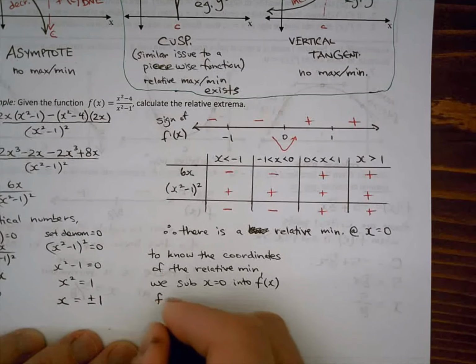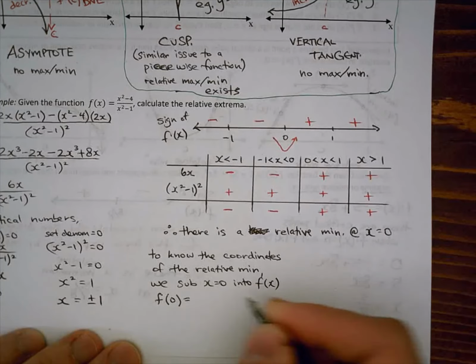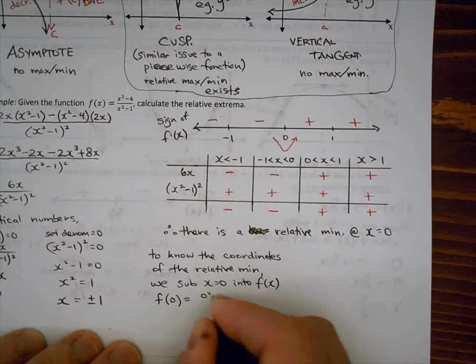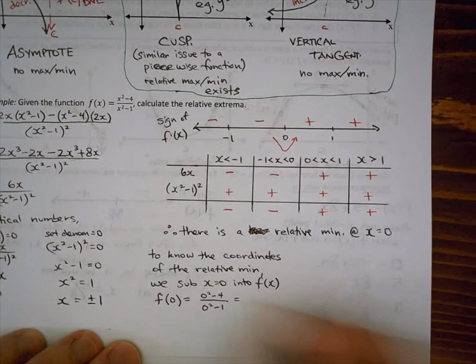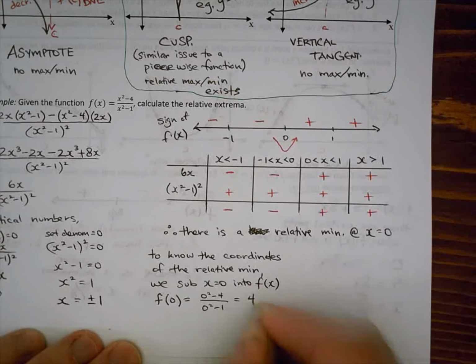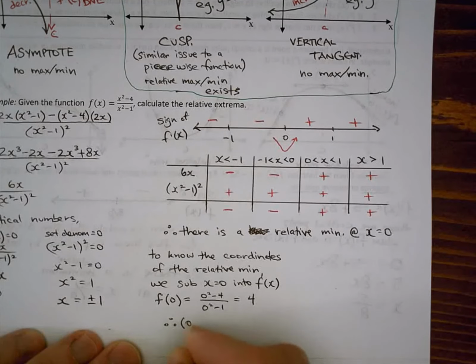So I can just do that quickly here. f of 0 is going to be 0 squared minus 4 over 0 squared minus 1. So that gives me negative 4 over negative 1, which is just 4. Therefore, (0, 4) is a relative min.